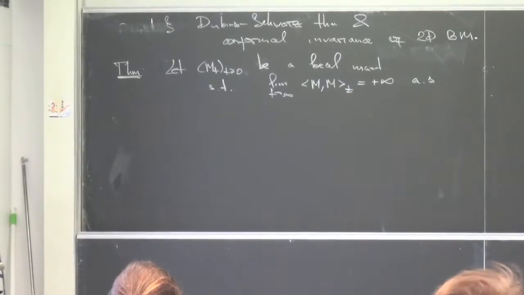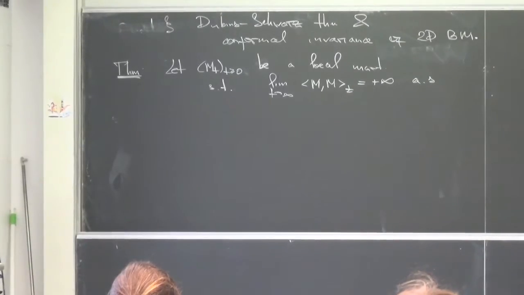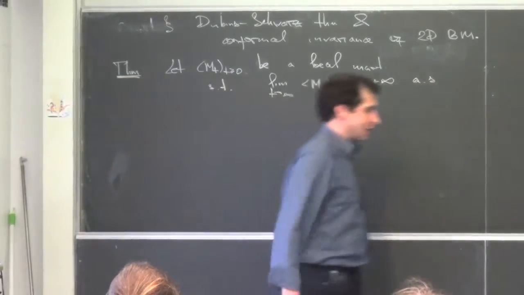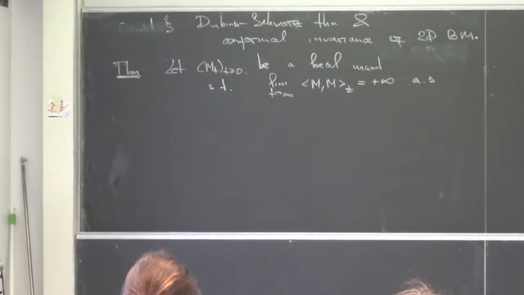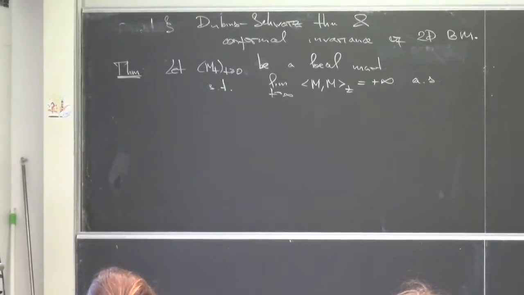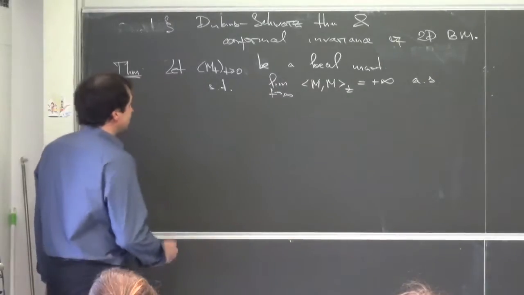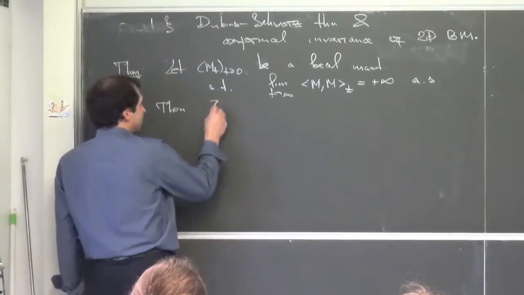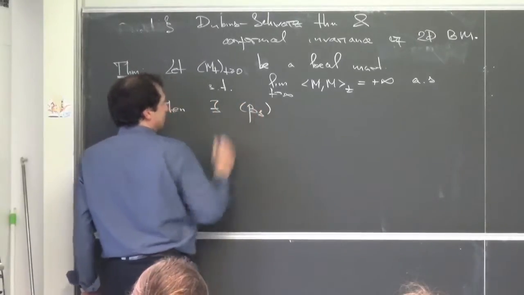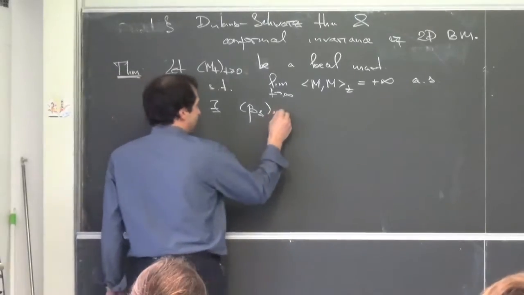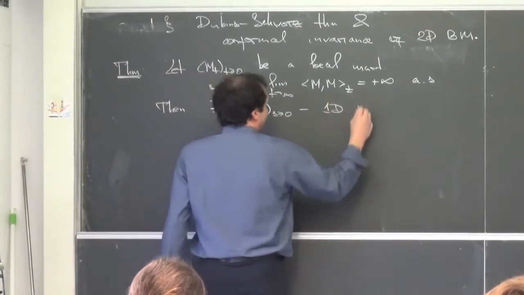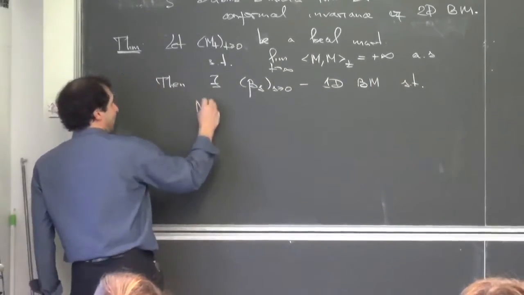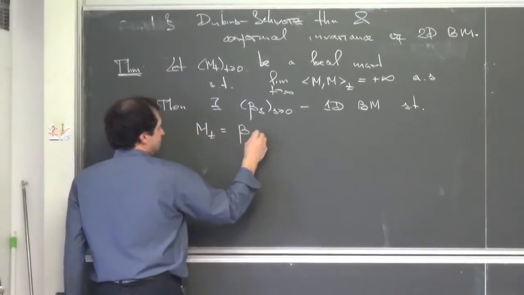So this is a random increasing process, so let us assume it tends to infinity. Actually, let me comment on this in a minute; this is not of big importance. The claim is that then there exists a Brownian motion beta_s such that M_t is just beta of the quadratic variation of M at t.